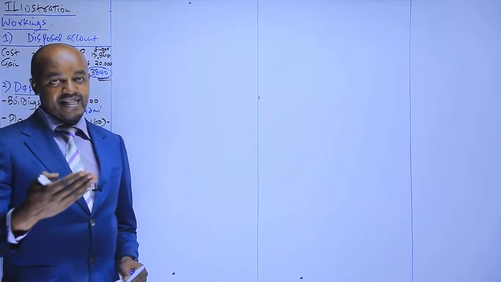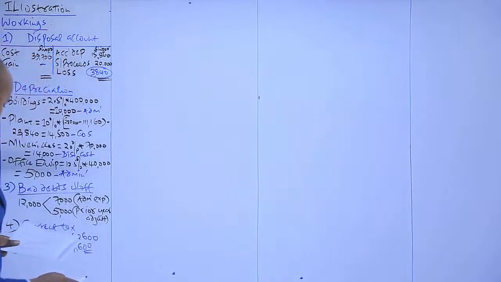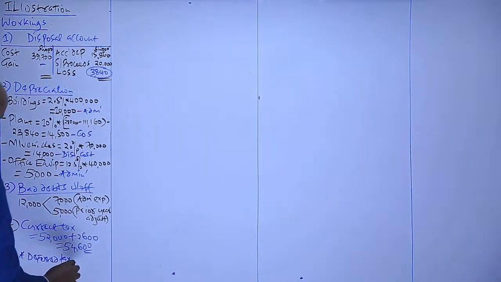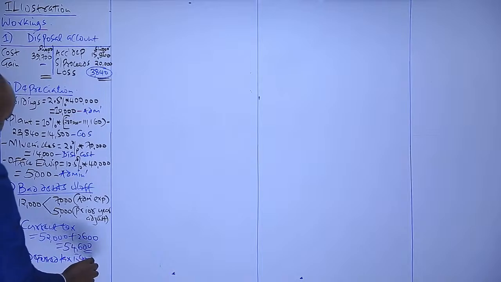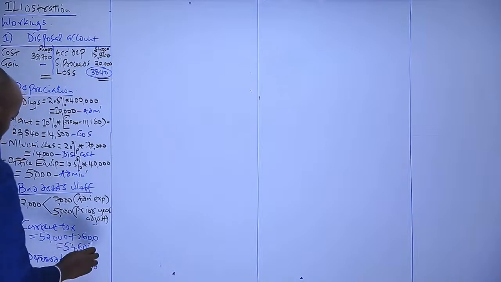But an increase in any provision is accounted for as an expense. So therefore, that amount of 3 million is a deferred tax income. A deferred tax income of how much? Of 3 million.